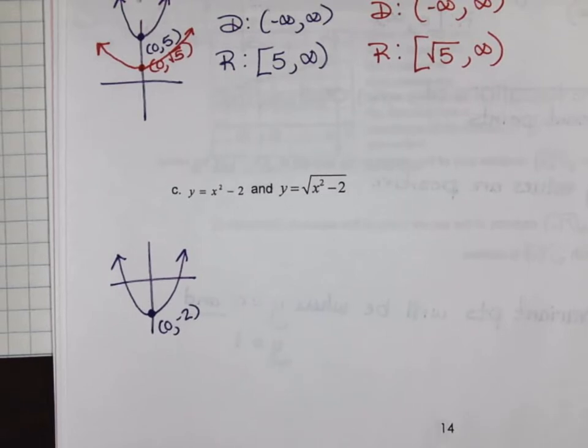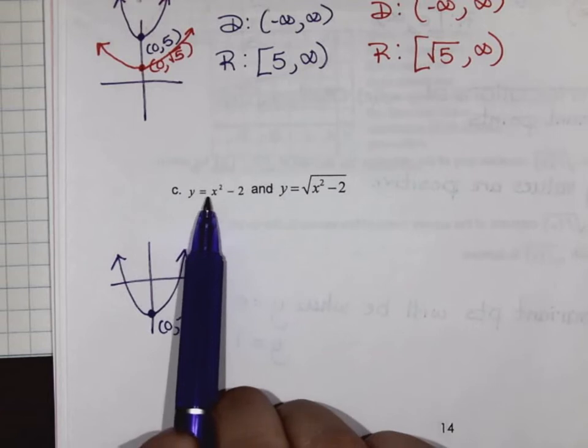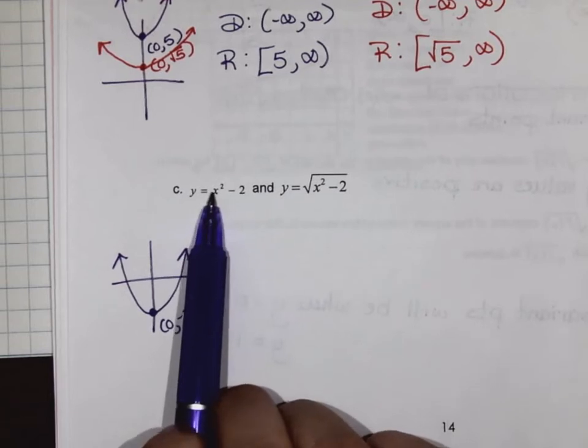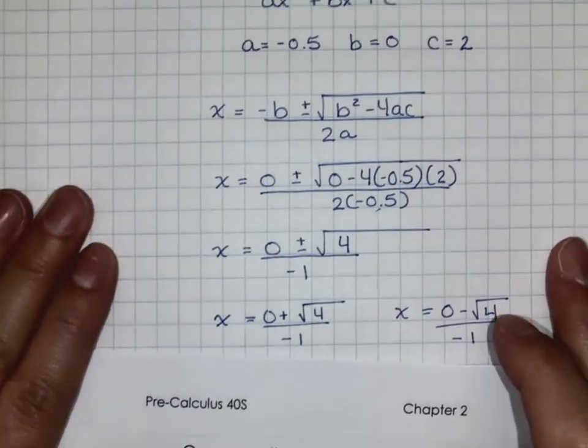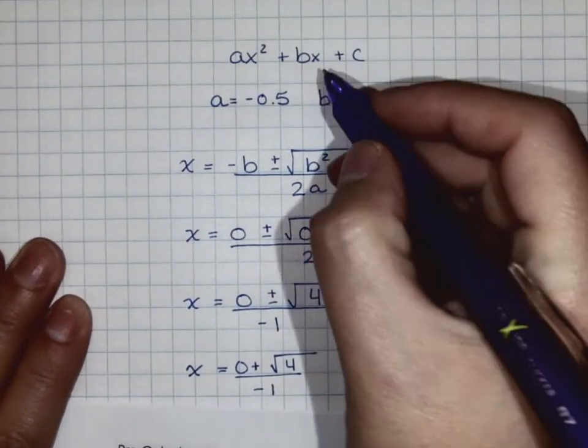You can totally do quadratic again. It's not a perfect square. A is always on the x squared. 1. What's b? 0. C? Negative 2. B comes before the x, like it's the coefficient on the x.